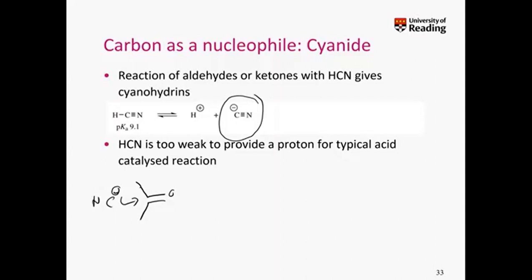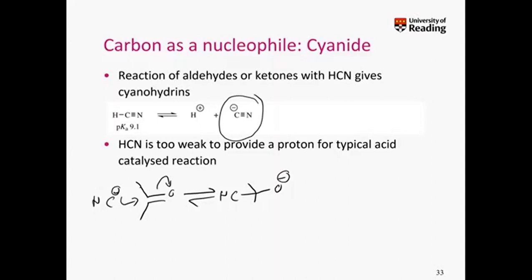So we're going to react the nucleophile with the delta positive carbon. It's now got too many bonds, so we're going to break the carbon-oxygen double bond. Okay, that's exactly the same thing we've done before.